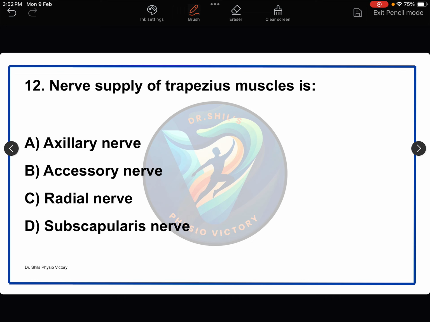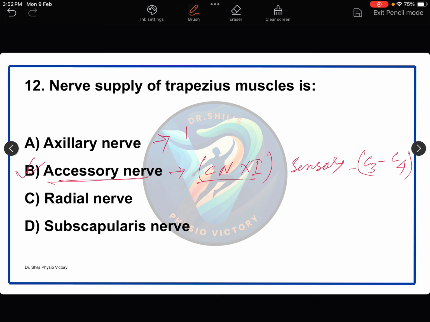Here, the correct answer is option B, accessory nerve, spinal accessory nerve, or cranial nerve 11, which has the motor supply to trapezius muscle and sensory supply to C3, C4.